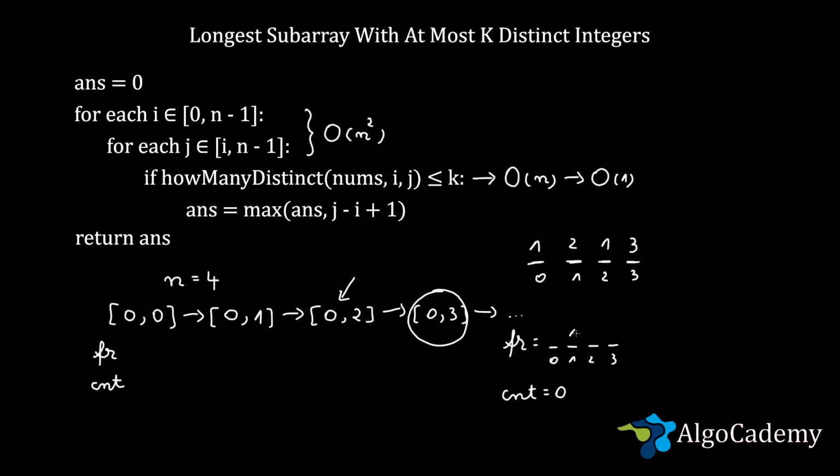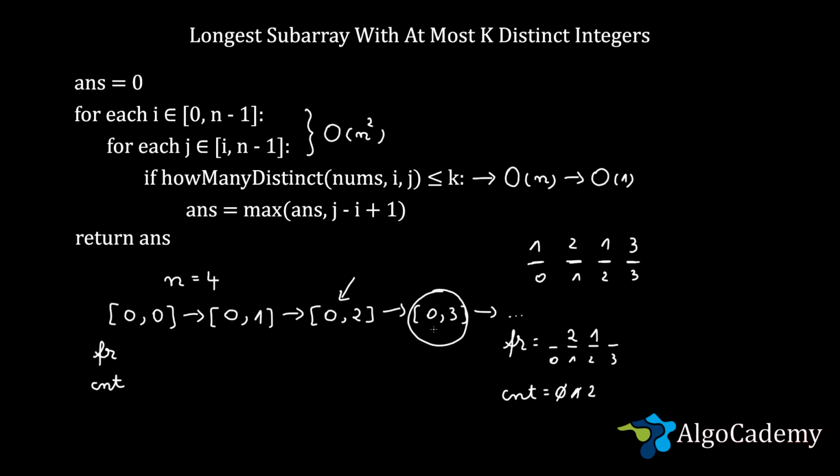This one became 1 and the counter became 1. Next element, 2. All right, this one became 1. It's a new element. The counter became 2. Next element, 1. Oh, I see that I already have a 1. I'm still going to increment its value. So it appears 2 times, but the counter still equals 2. And I have solved the problem 0, 2.